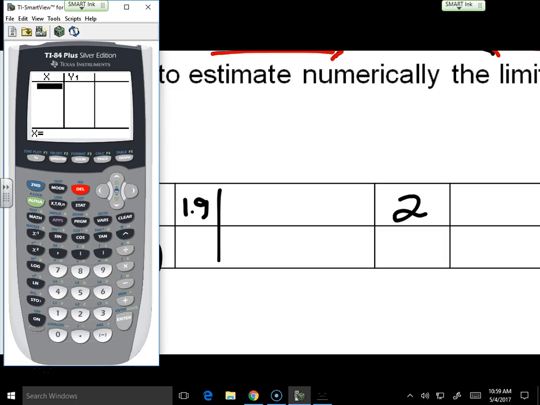So if you think about a quick little number line, just to help us out, this is just the x's. If 2 is here, 1 is here, 3 is here, we're zooming in and we're trying to really get close to 2 from below and from above. So 1.9, that's pretty close. Let's get even closer. 1.99? Yep, that's closer. Instead of being 0.1 away or 0.01 away, can we get even closer?